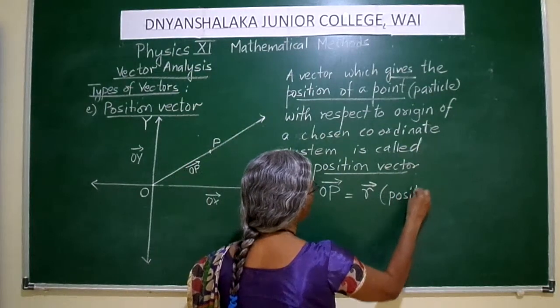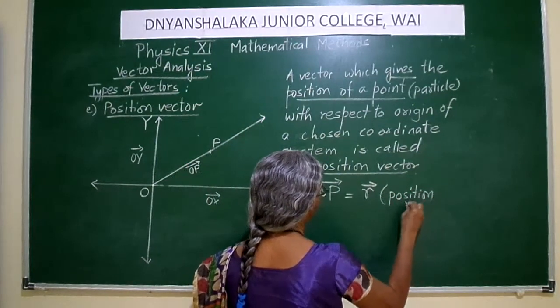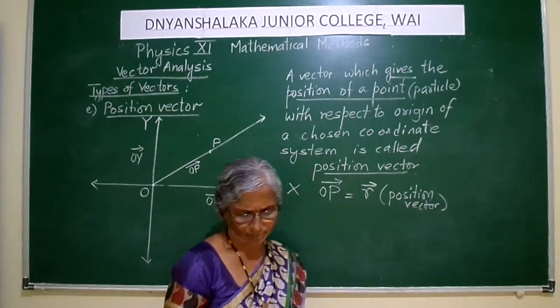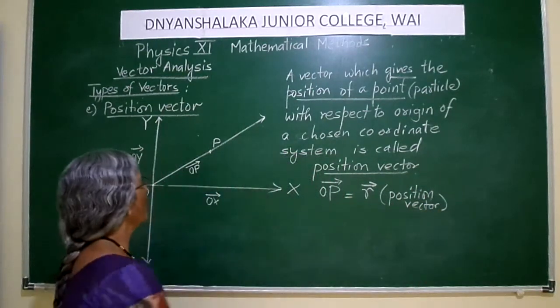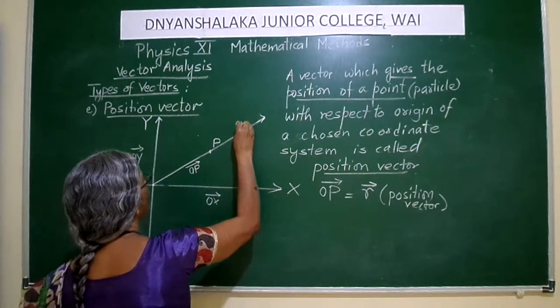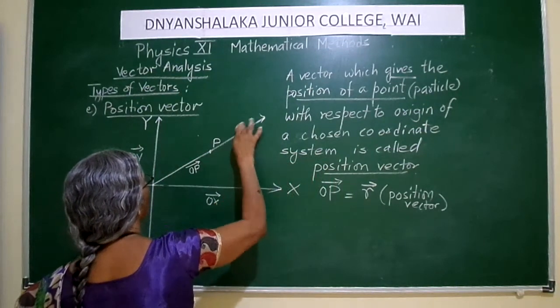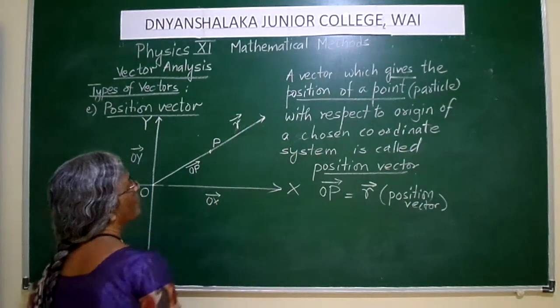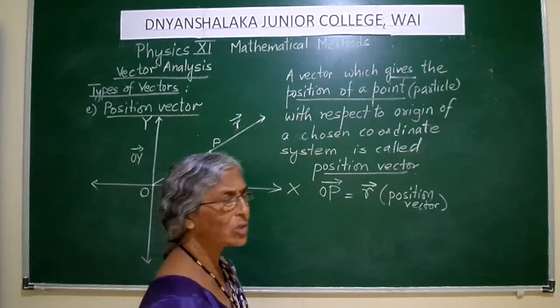The position vector. So here I am denoting the position vector of this vector OP as vector R. Are you getting it, students?